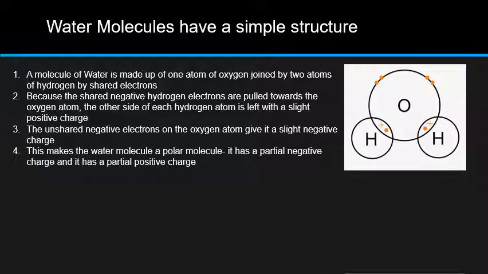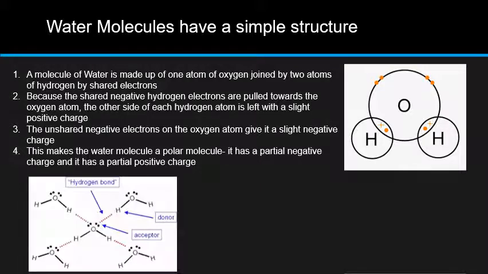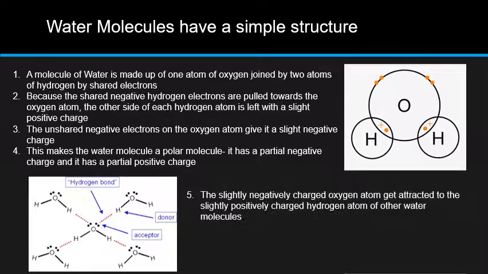This makes the water molecule a polar molecule, so it has a partial negative charge and a partial positive charge. So sometimes the slightly negative charge of the oxygen atom gets attracted to the slightly positive charge of the hydrogen atom of another water molecule. So in this diagram we have a water molecule here, and then we have a water molecule here.